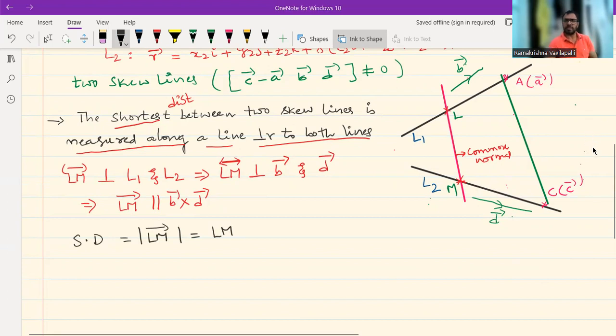We will use the simple concept of projection of one vector on another vector. The first line passes through A with position vector a bar, the second line passes through C with position vector c bar. Join these two: this is the AC bar vector. We are dropping a perpendicular from A.